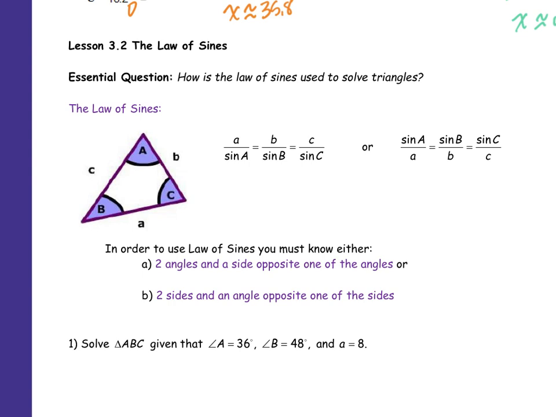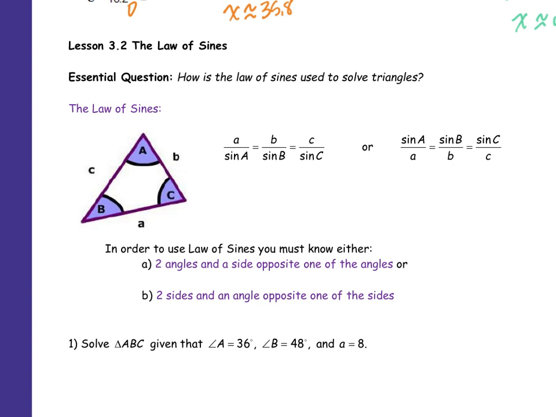So I kind of wrote it out a little bit to know when you're going to use it. So hopefully this will help a little bit. This is called law of sines, which means I'm going to use sine almost exclusively to solve for almost everything.